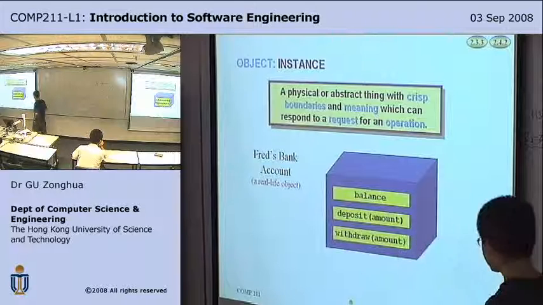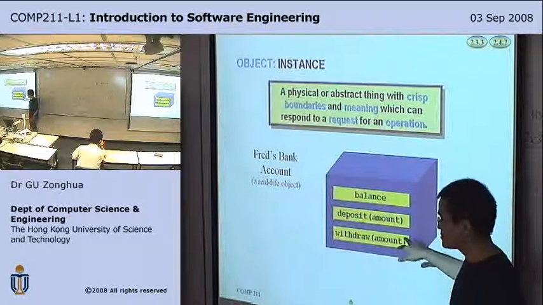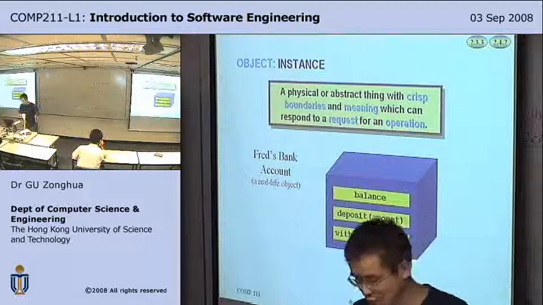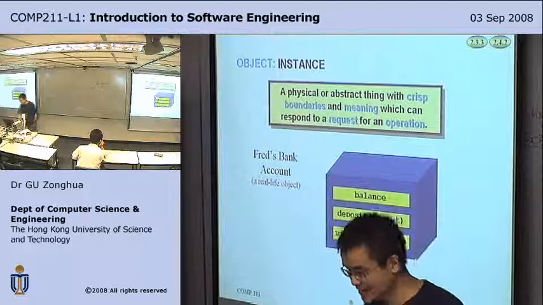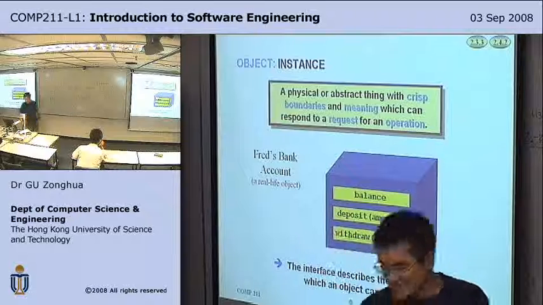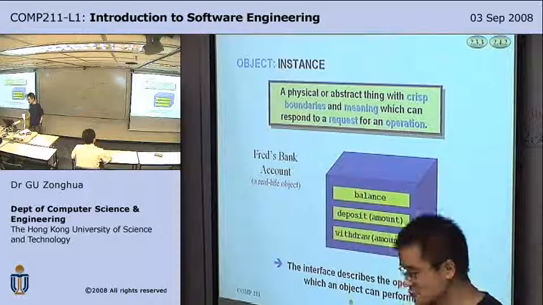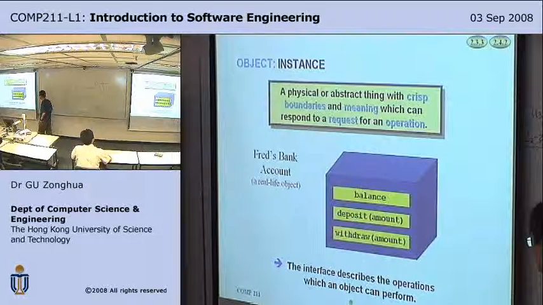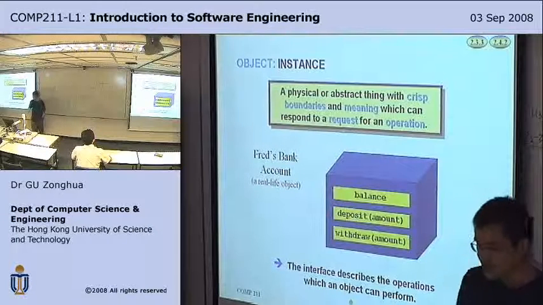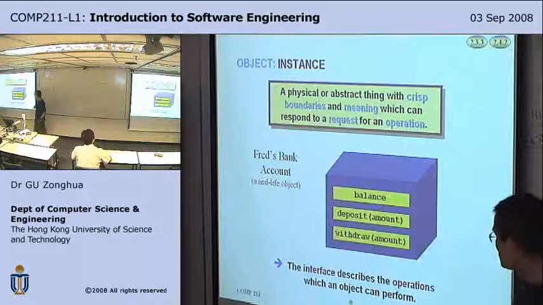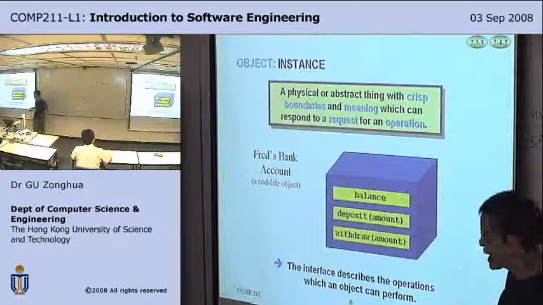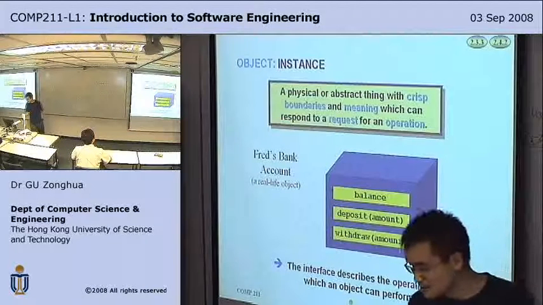Deposit takes a parameter amount and puts this amount of money into the account, and withdraw takes this amount of money from the account. So the interface describes the operations which an object can perform. Suppose I'm another object, say I'm Fred, I can invoke this object's balance method to get the balance of the account.